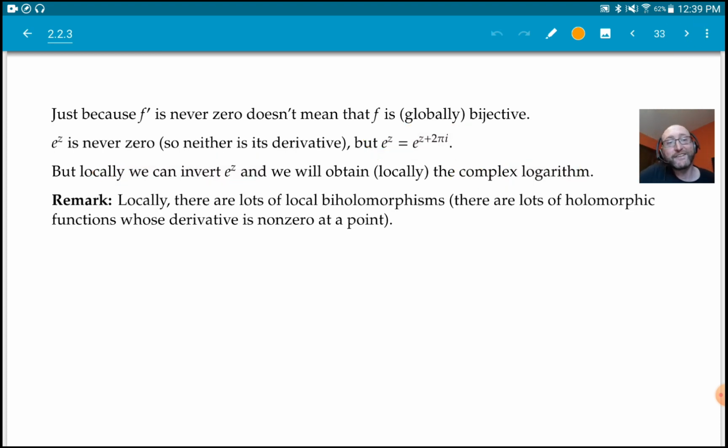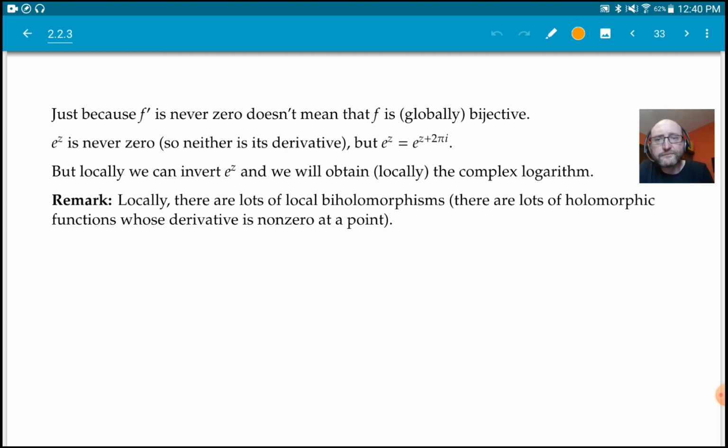Another interesting remark here is that locally, if I'm not worried about what these neighborhoods are, there's lots of local biholomorphisms, because there's lots of functions with non-zero derivative at any particular point. Lots of holomorphic functions.